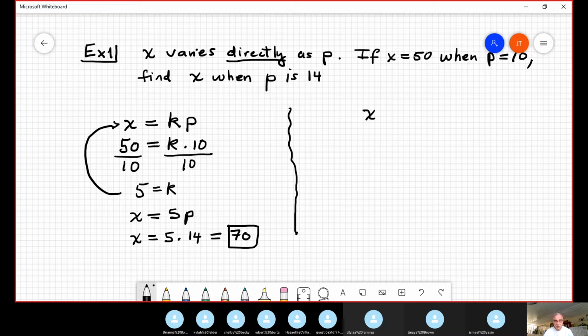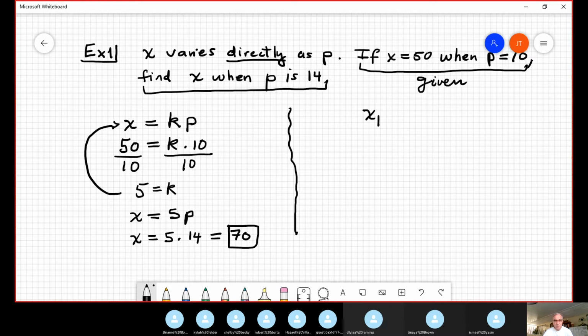Another point of view is, suppose x1, I call 1 and 2. Suppose 1 is the given condition, given. So I have another condition that is unknown. I don't know. Well, I know one guy, but I don't know the second. So you put this equation 2 times.